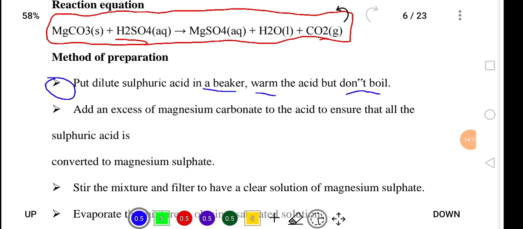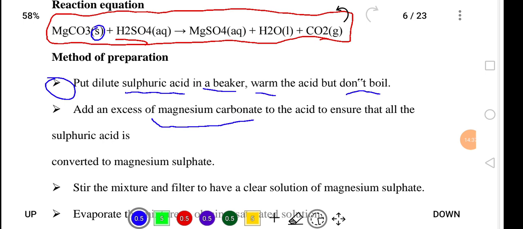This magnesium carbonate will be in solid state, as you can observe there. Therefore, in order to increase the rate of chemical reaction, we need to increase the temperature of the acid, so that by the time we add magnesium carbonate, it is going to dissolve at a faster rate.